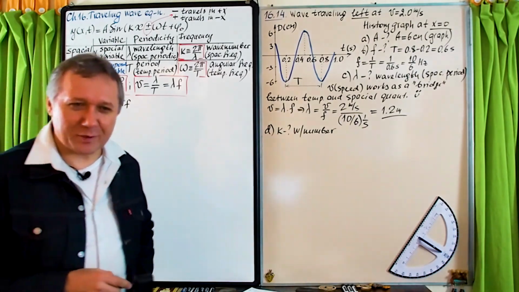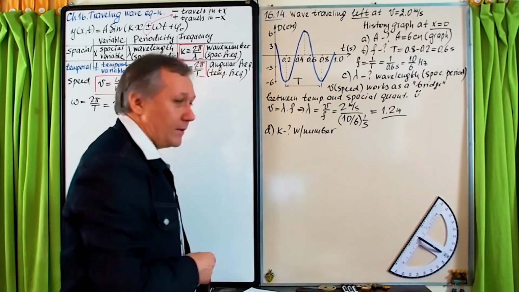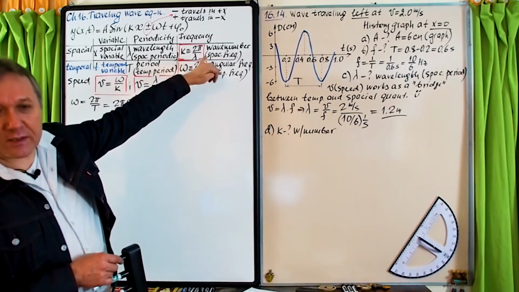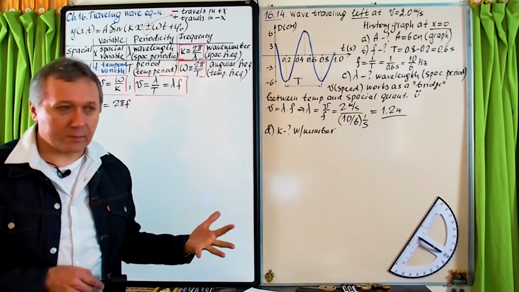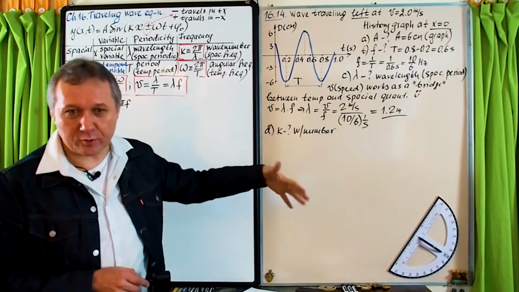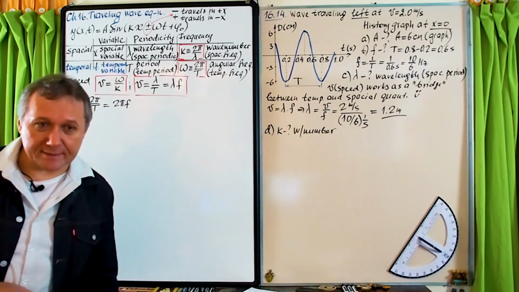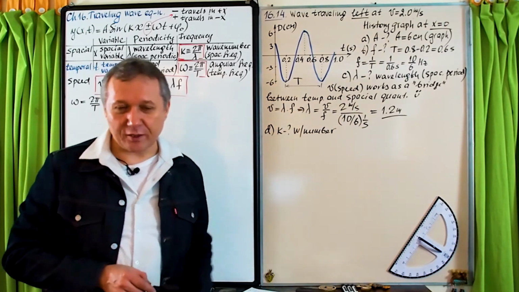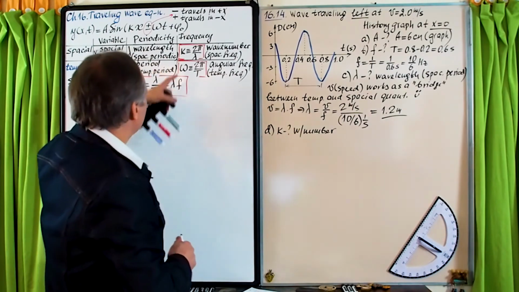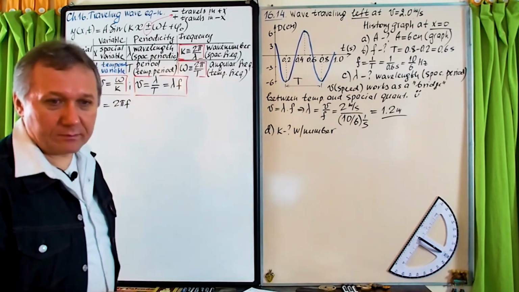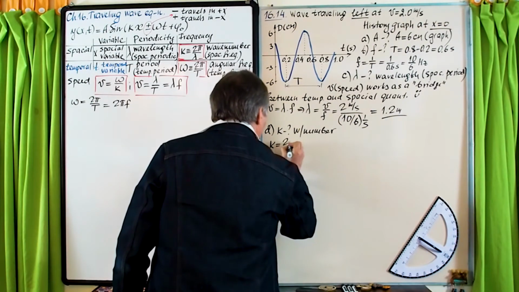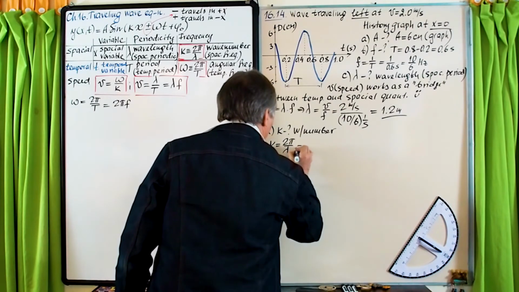Just lazy to write wave. All right, wave number K, which is a spatial frequency. It's a spatial parameter. But now, since we managed to get the wavelength, the rest is easy once we make the transition to the world of spatial parameters. So by definition, K equals 2 pi over lambda.